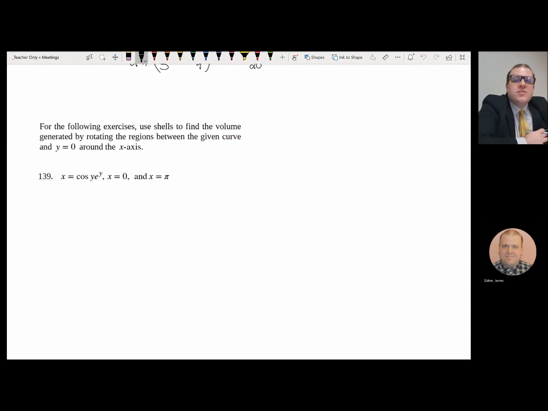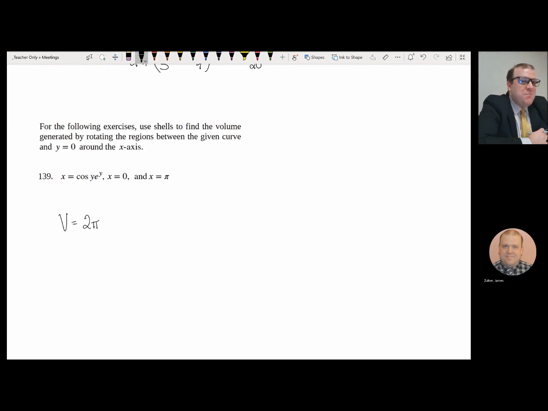So we're using shells to rotate the given region about the x-axis. Horizontal axis, shell method says it needs to be with respect to y. Now, I'm going to assume that they don't mean cosine of y times e to the y, which is how it's written.